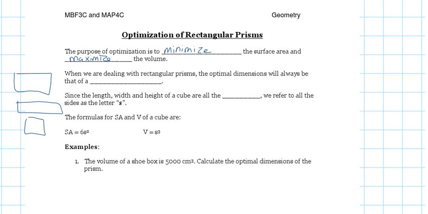So when it comes to the 3D shape, we call that a cube if they're all squares, right? We call it a cube. The cube is the one that's going to give you the maximum volume and the minimum surface area. So it's your optimal shape when it comes to rectangular prisms. So when we're dealing with rectangular prisms, the optimal dimensions will always be that of a cube.